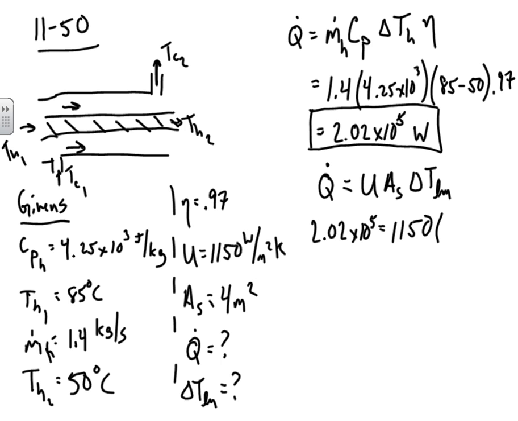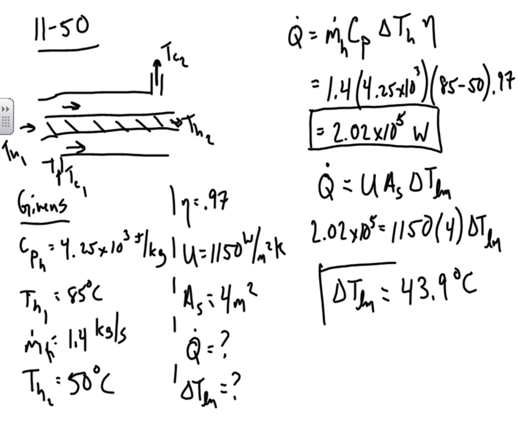We know the surface area also given to us is 4 meters squared, and therefore we only have one unknown in this equation, and that's the log mean temperature difference. So we can just solve this equation for the log mean temperature difference, and we will get that that is equal to 43.9 degrees Celsius. Okay? So that was number 11-50.